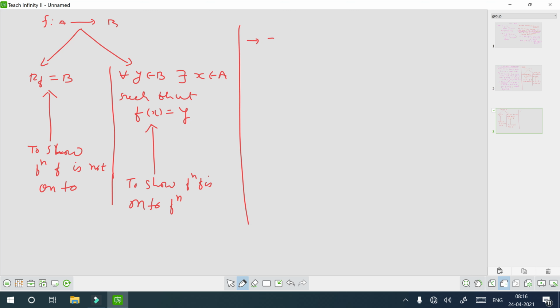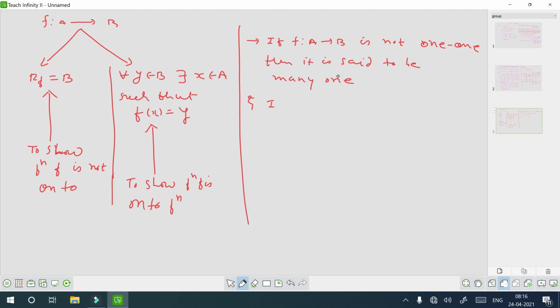One more thing, remaining two definitions. If f from A to B is not 1, 1, then it is said to be many-one.